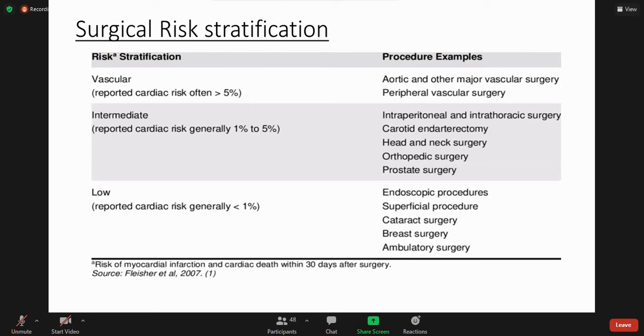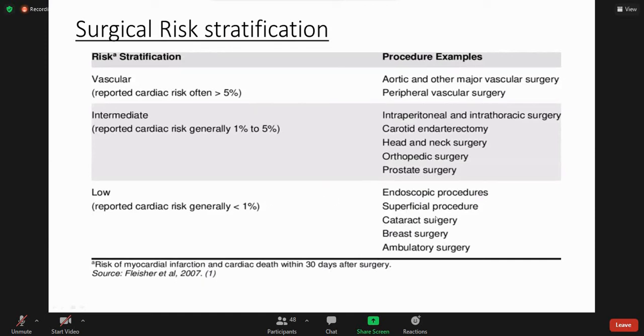What are the intermediate risk surgeries? Intermediate surgeries basically include intraperitoneal, such as laparotomies, intrathoracic surgeries, carotid endarterectomy, head and neck surgeries, orthopedic surgery, and prostate surgery. The risk of cardiac issues is between 1% to 5%. Some surgeries are low risk, and they have a reported cardiac risk of less than 1%.